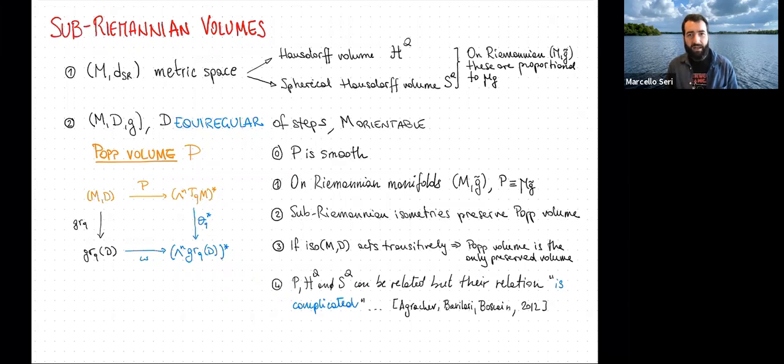And if they act transitively, then that's the only preserved volume. So it has lots of properties. There is a lot of rigidity around the Popp volume. It's unfortunate that it's there only for equiregular cases, but there is no way around it because that Lie algebra structure is essential and is there only for equiregular cases.